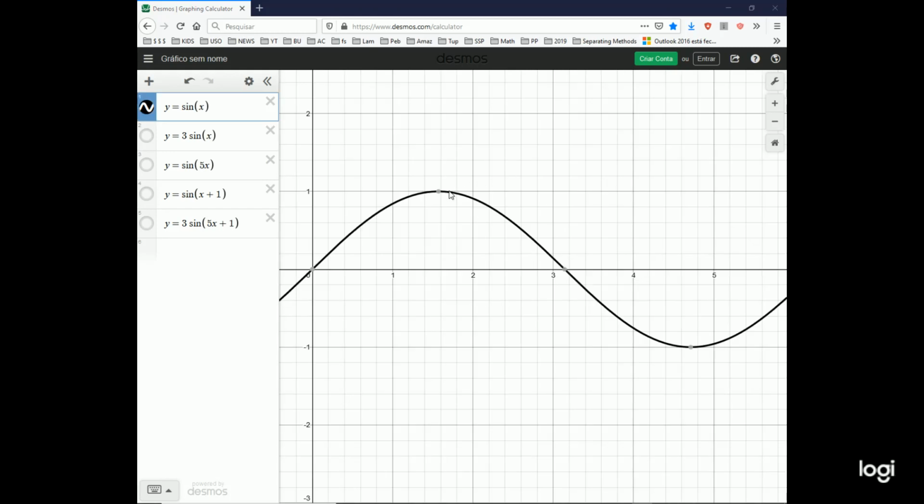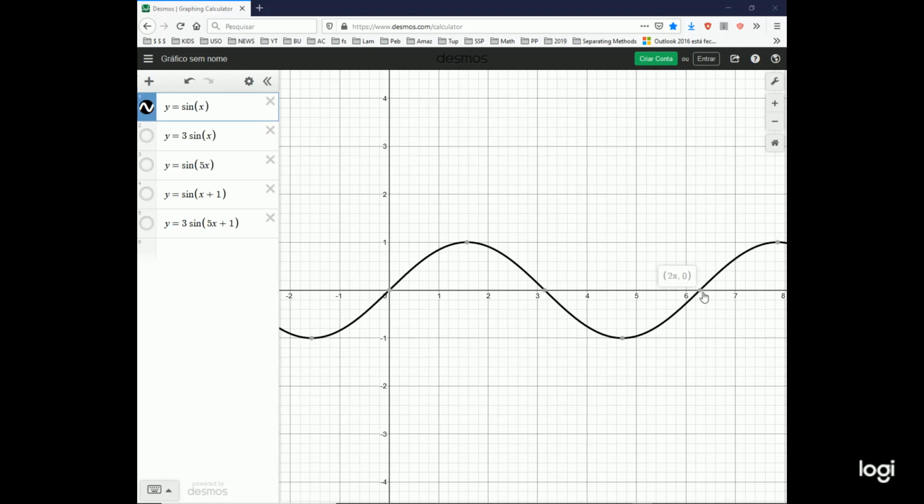And as you can see, this is our period, 2 pi, okay? Half period, just pi. What is the period? Just a recap: the period is one full cycle. If we start going up, down, okay, this is going to be the first cycle. So this is one period.